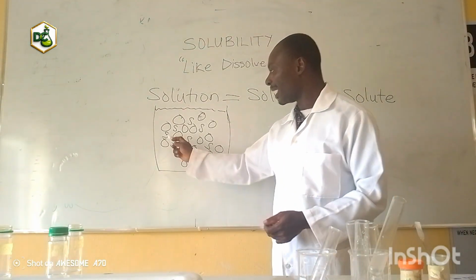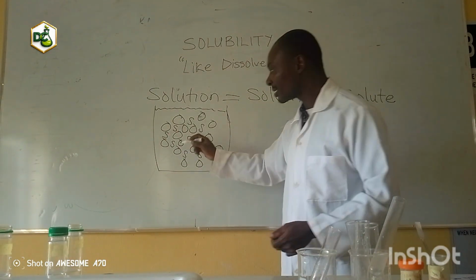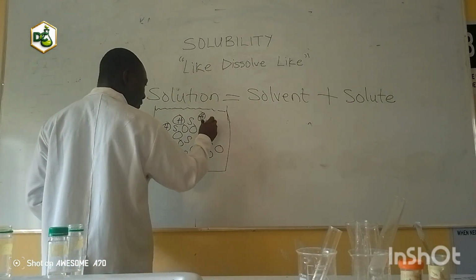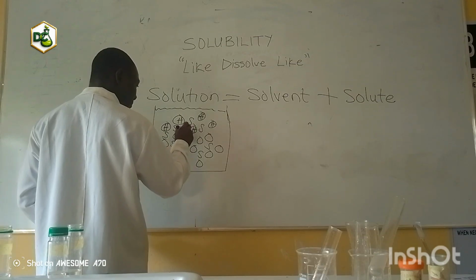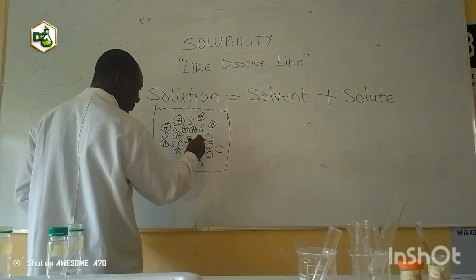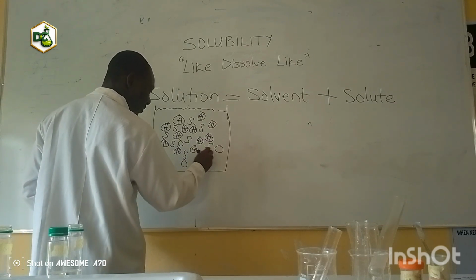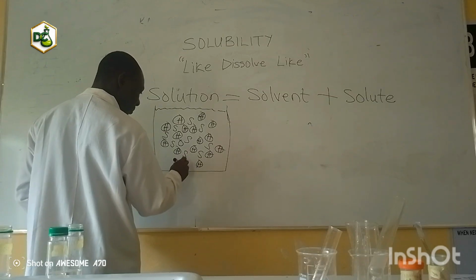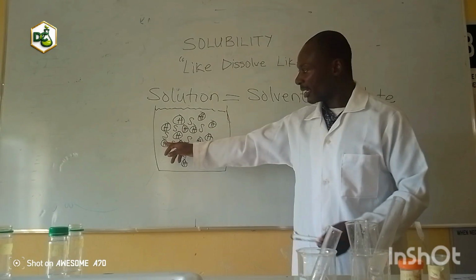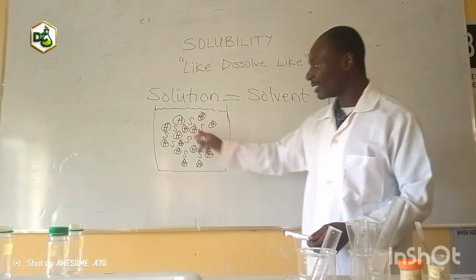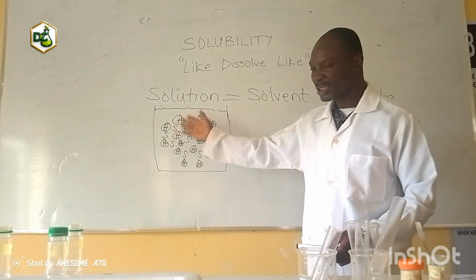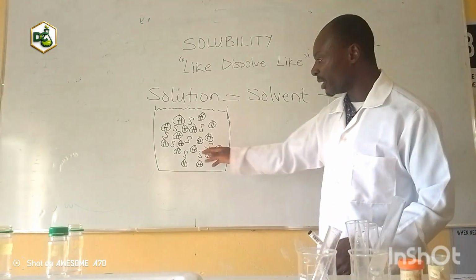Now you can see the X represents, let me, this will be H, will be water. Now the H here refers to the water molecules, while the S is the solute, which is the salt or the sugar being dissolved.